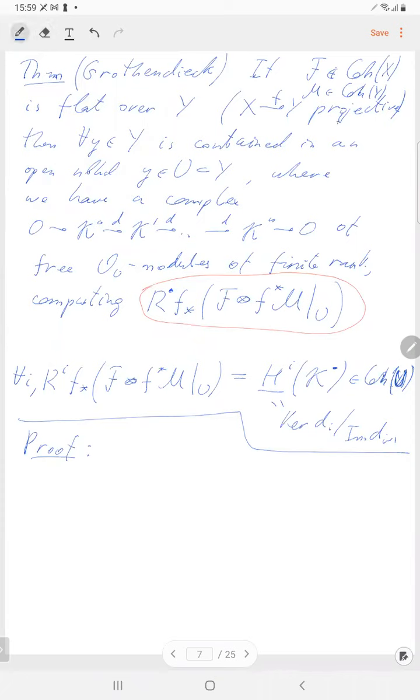Okay, so there is some coherent sheaf on X, some coherent sheaf on Y, and I want to compute this thing, and it is computed via a bounded free complex of finite rank. Okay, so again, the statement is local on Y, so we can assume that Y is affine.